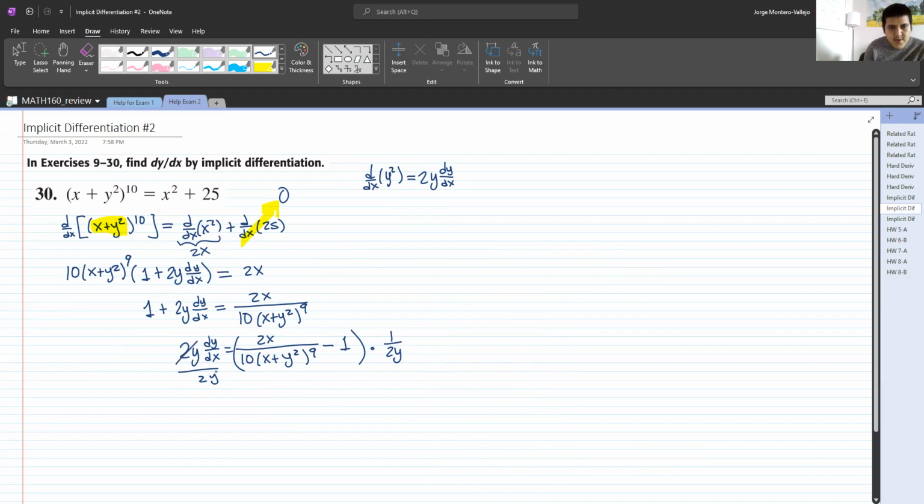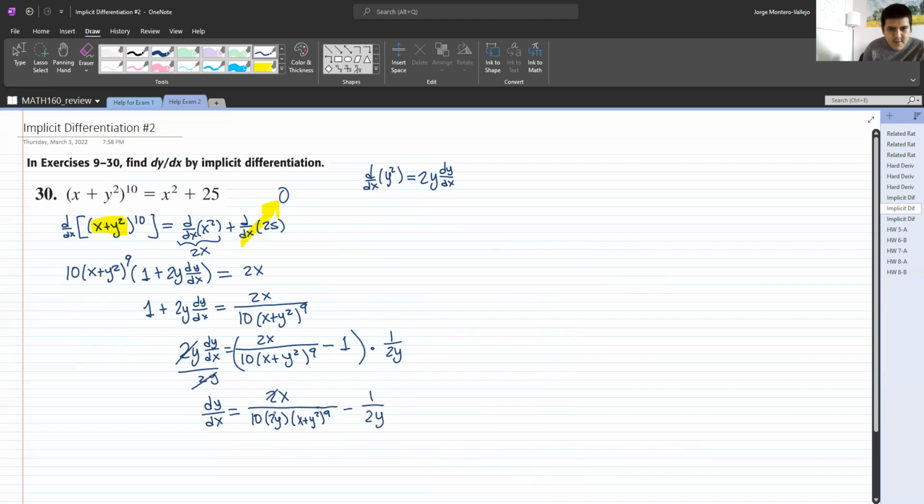Okay, so on the left side, I'm finally left with only dy/dx. Now I want to distribute that 1 over 2y. If I distribute it on the first term, then the 2y is now multiplying the denominator, right? So 2x divided by 10 times 2y, and then (x plus y squared) raised to the 9th power. And then minus 1 over 2y.